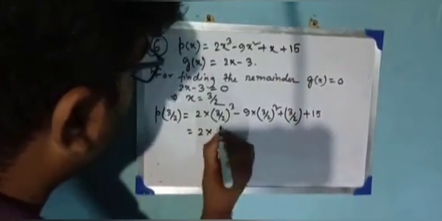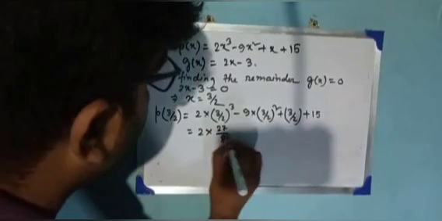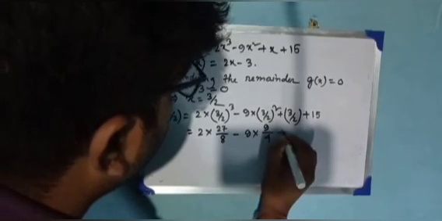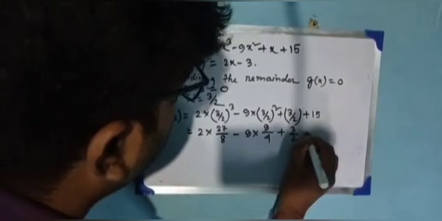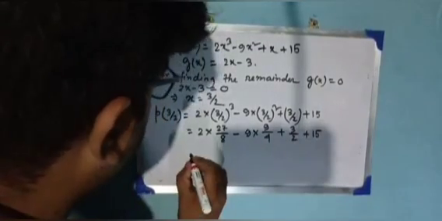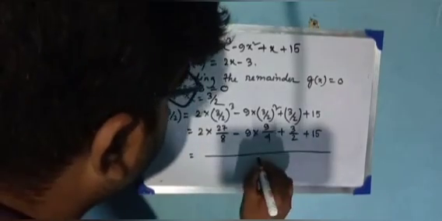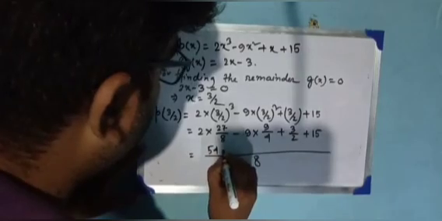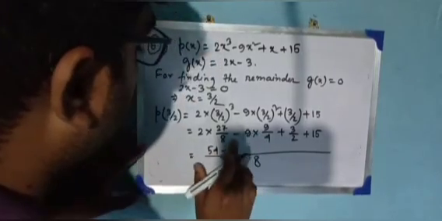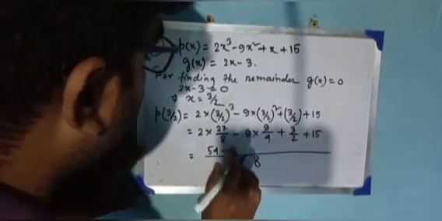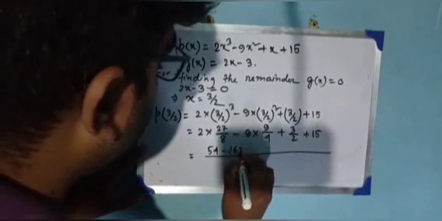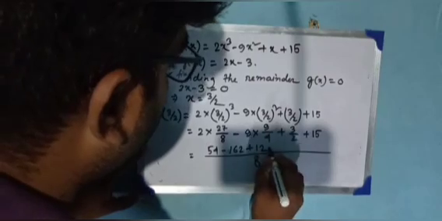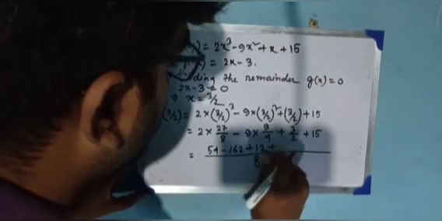That means 2 into 27 by 8 minus 9 into 9 by 4 plus 3 by 2 plus 15. That implies the denominator would be 8. This would be 54 minus 81 minus this. If we calculate it, we are getting 162 plus 12 plus 120.